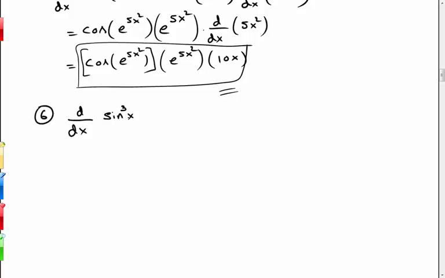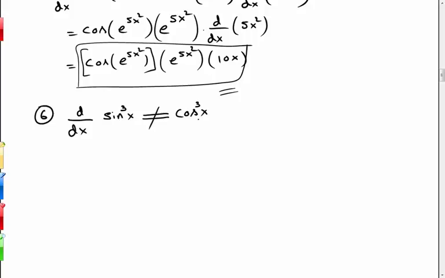If you say, well, d dx of sine x is cosine x, so d dx of sine cube x should be cosine cube x. Wrong. Let me state that d dx of sine cube x is not equal to cosine cube x.